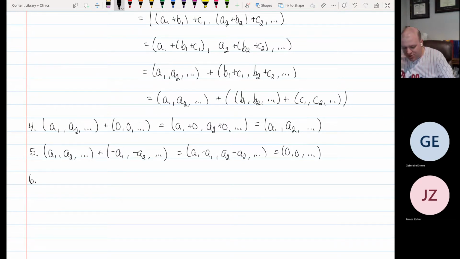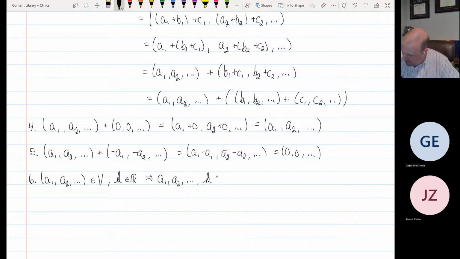Six is closure under scalar multiplication. We're going to take the A to be in our vector space, some scalar K. So that means all of the A's plus now this K are real numbers. I'm just going to write it this way.